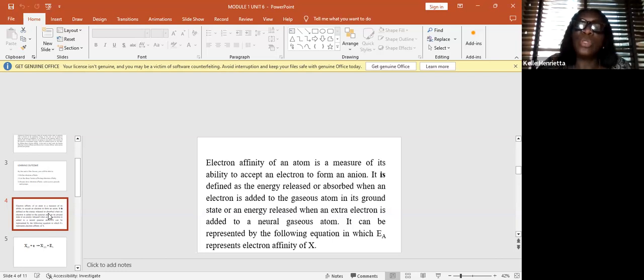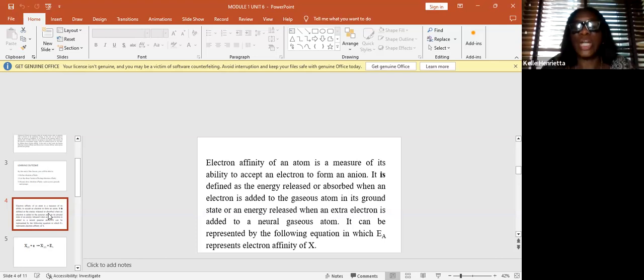So it has to do with those elements that can accept the electron, like the halogens, that's the group 17 elements, group 16, group 15, and all that. These are the ones that electron affinity applies to.